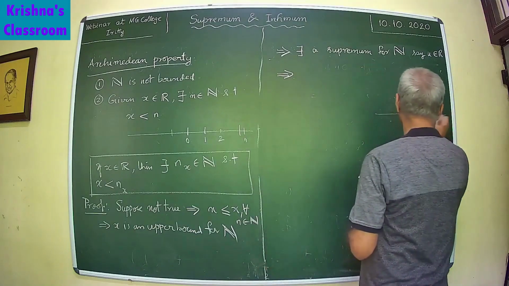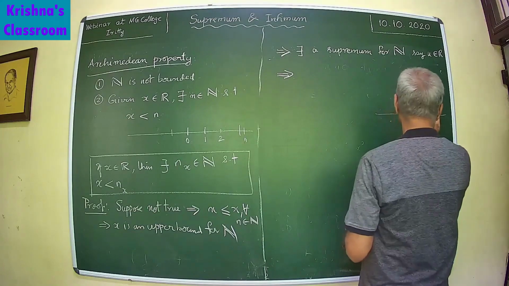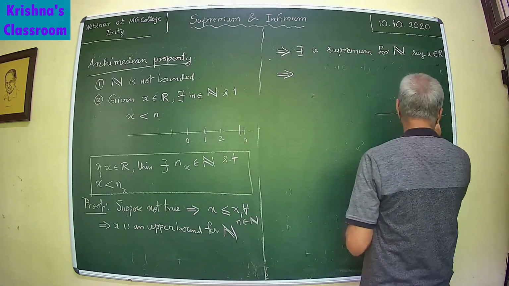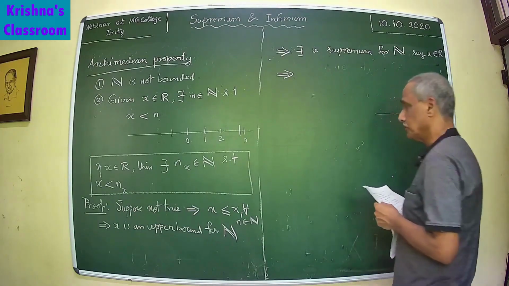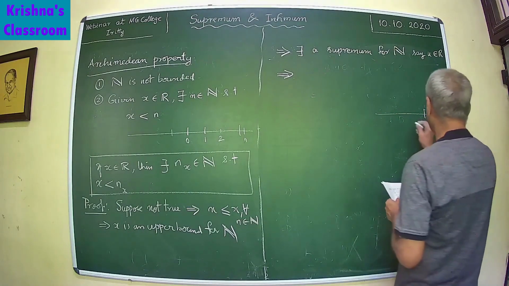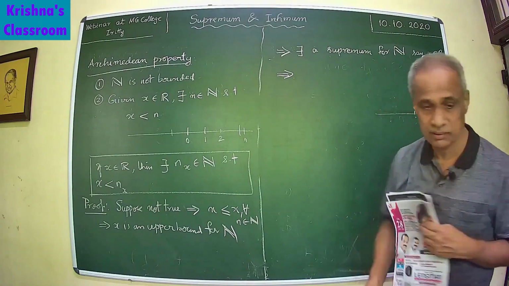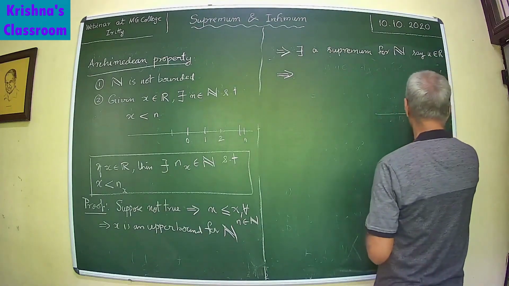So we have got every n is crammed here. Suppose this is the least of such bounds, then you call u. Now you take epsilon to be equal to 1. So you take u minus 1.